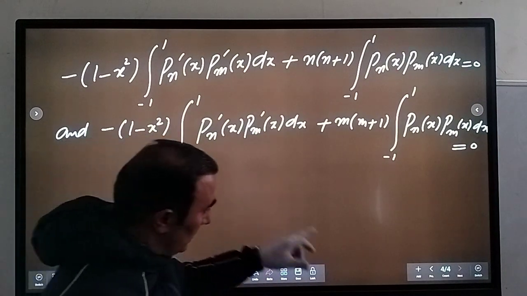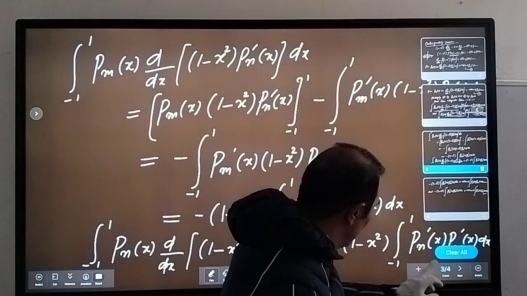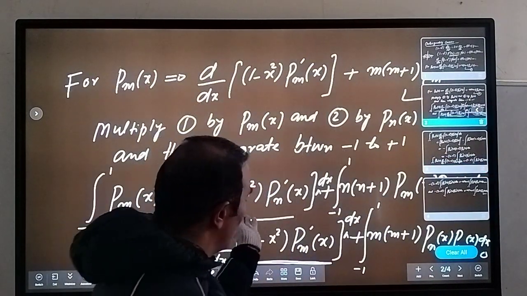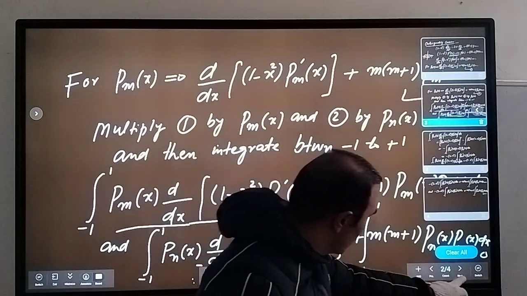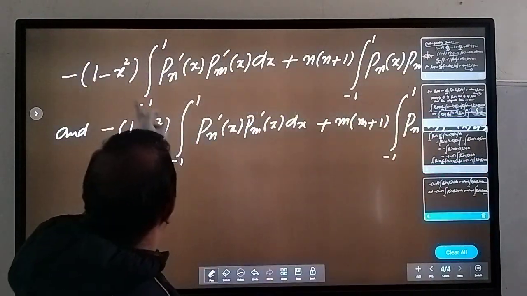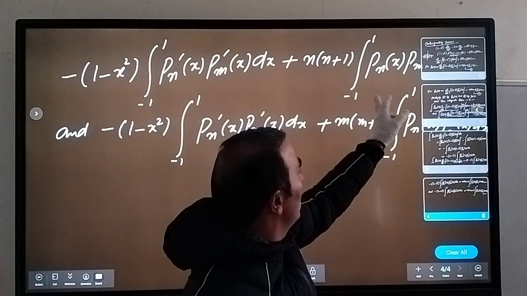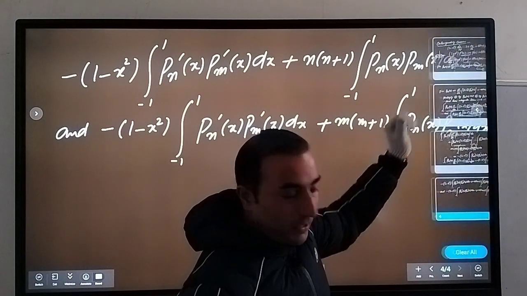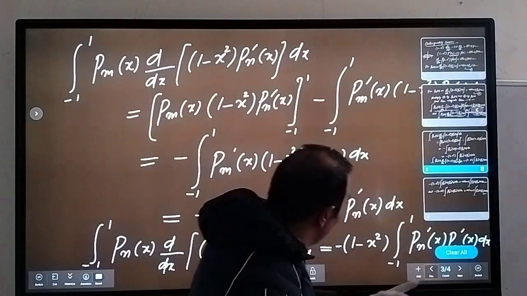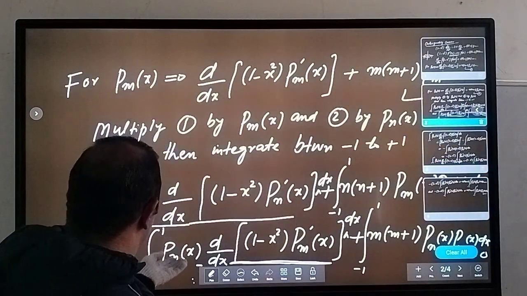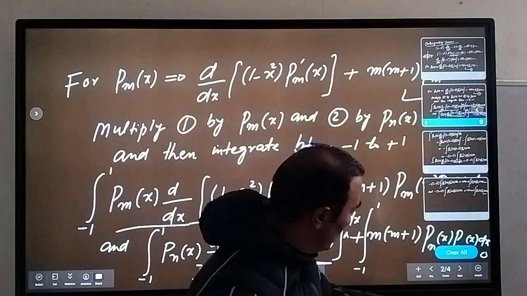So instead of this term, I wrote 1 minus x square, this term, okay? Right. So this term, that minus Pm dash of x, Pm dash of x, and the term that was already there, that was n into n plus 1, from -1 to +1, Pm of x dx equal to 0. And similarly for the second equation, instead of this term I similarly wrote this term plus n into n plus 1, Pm of x dx, that's equal to 0, right?